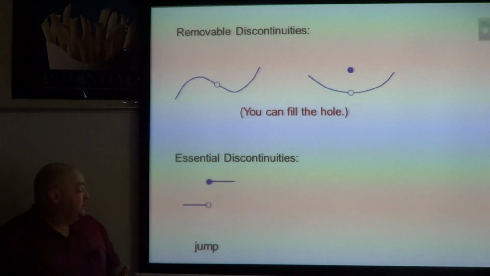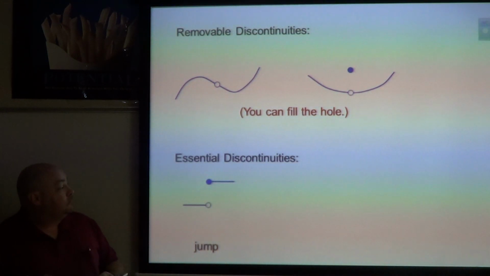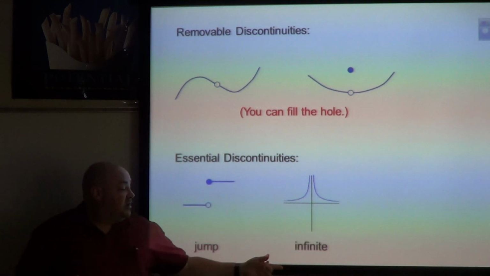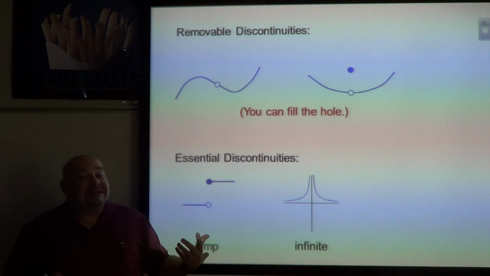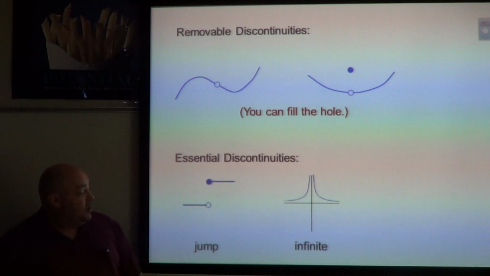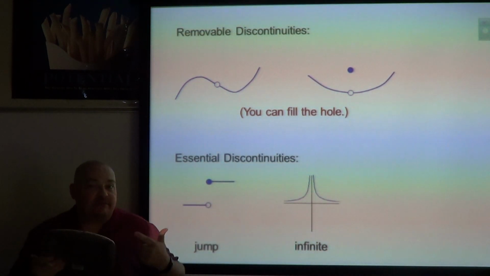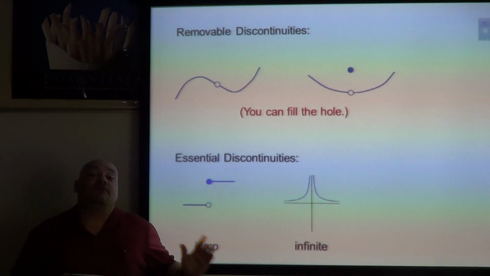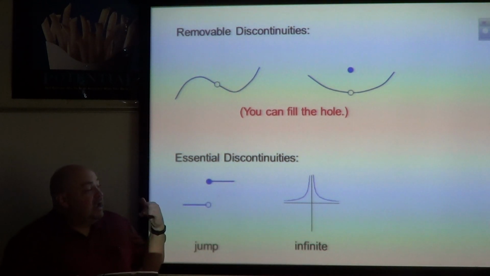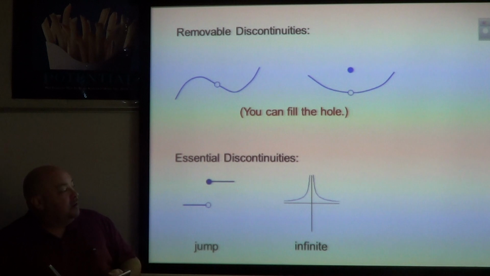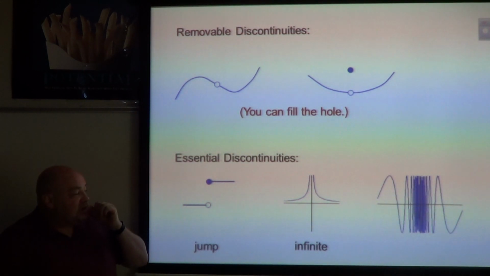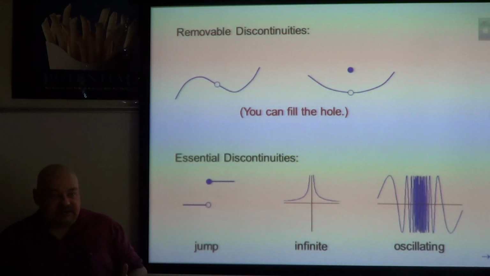We have a jump discontinuity. We have an infinite discontinuity, also known as an asymptotic discontinuity. That's where we've got a vertical asymptote, so it's going to go off to infinity, but they never actually touch because they can't cross the vertical asymptote, remember? And then we've got the really weird one, an oscillating discontinuity.